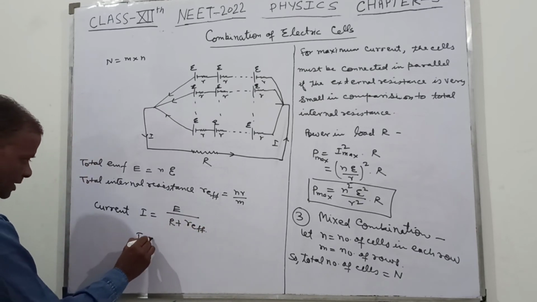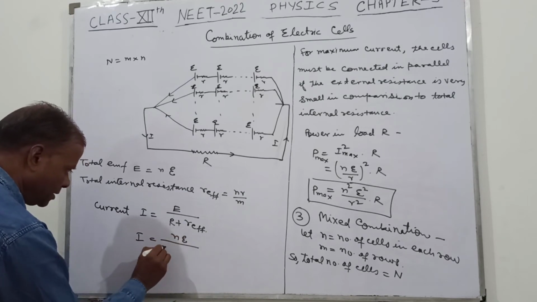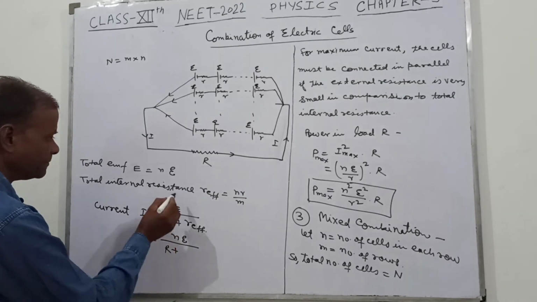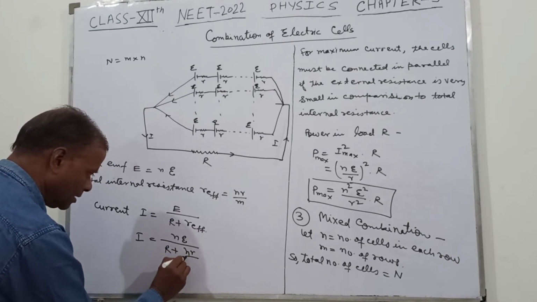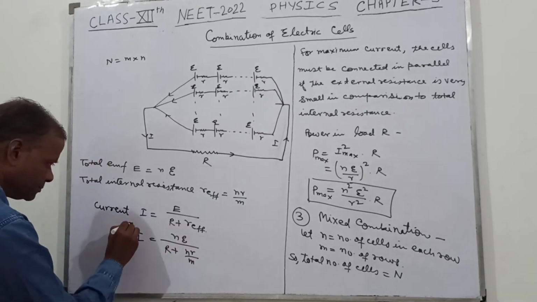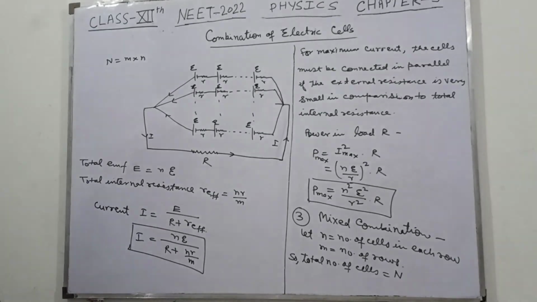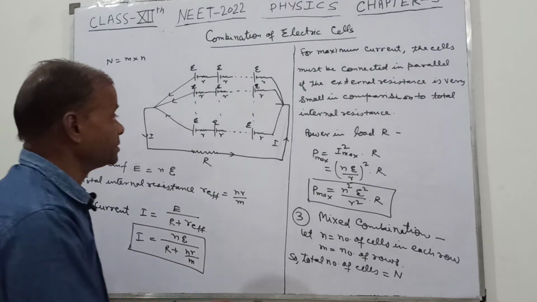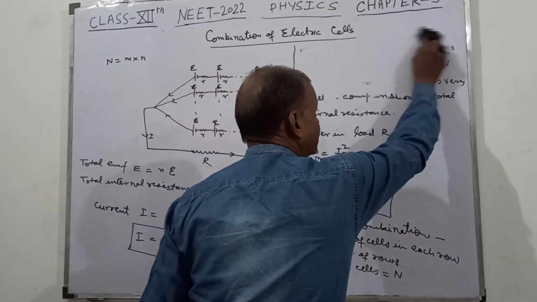So this I is equal to nE upon R plus, we have this R effective as nR upon m. This is so much. Now we can have a little calculation about the maximum current.